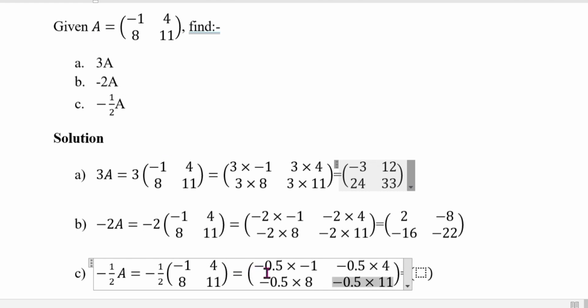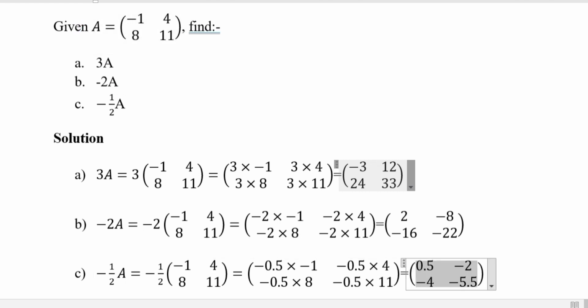When we are dealing with matrices, we always prefer using a decimal instead of a fraction. That's why I have converted this negative half into a decimal as negative 0.5 and multiplied by all the elements of the matrix. So that simplifies to the answer that we have there.